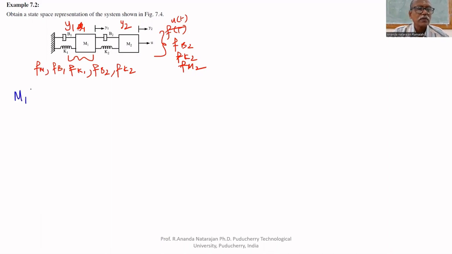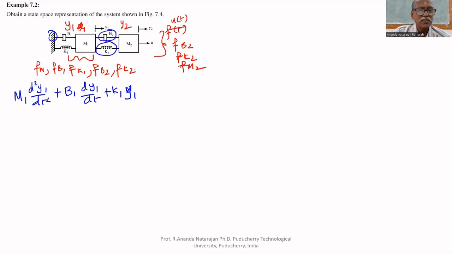M1 d square y1 by dt square plus B1, one end is fixed, therefore B1 dy1 by dt plus K1 y1, and these are all acting between two masses.